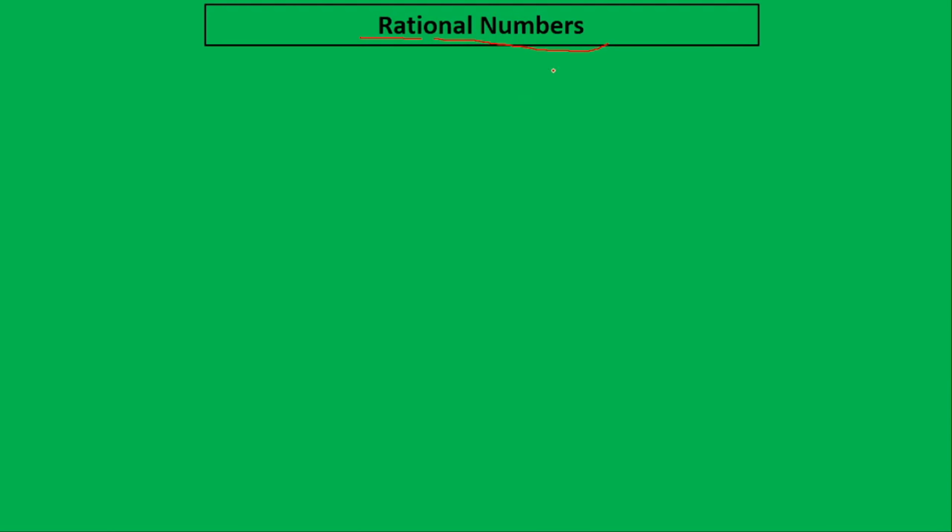So real numbers is a big family. In number system you will get real numbers, and those are classified as rational and irrational.